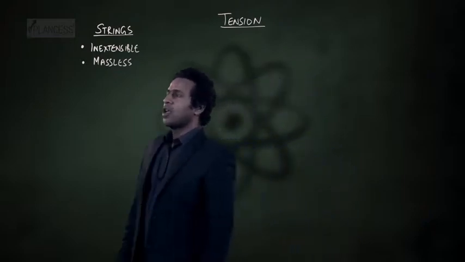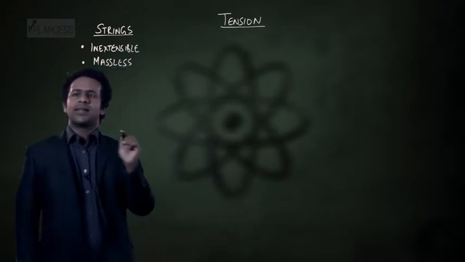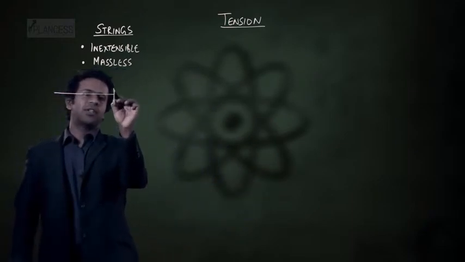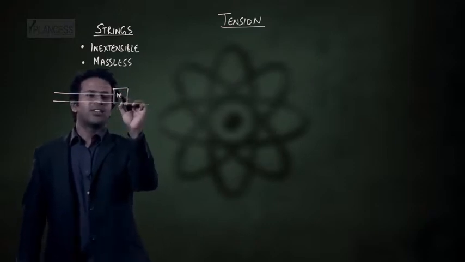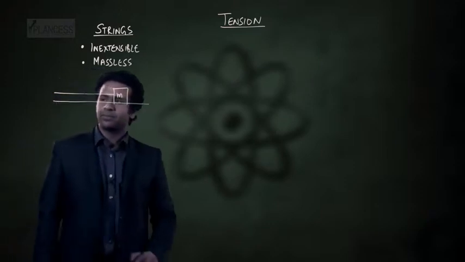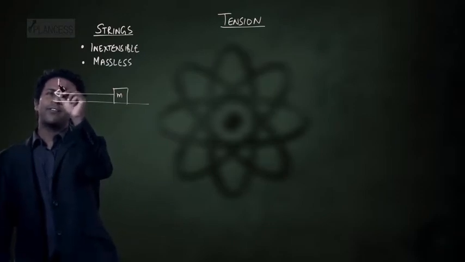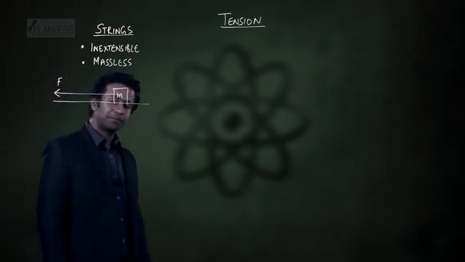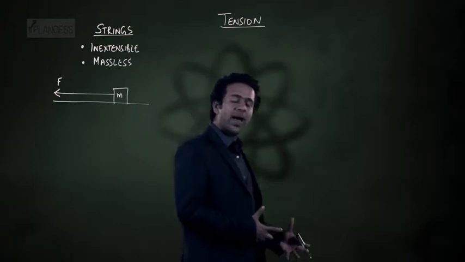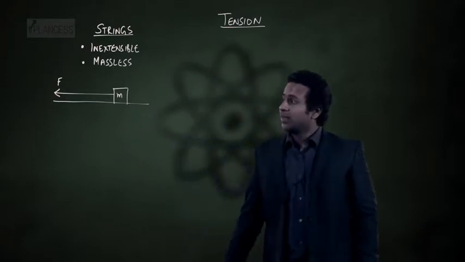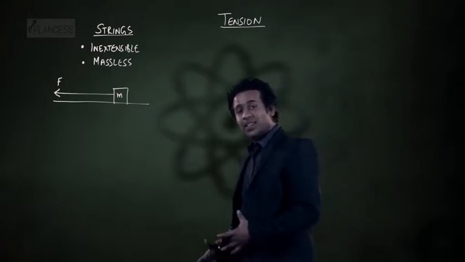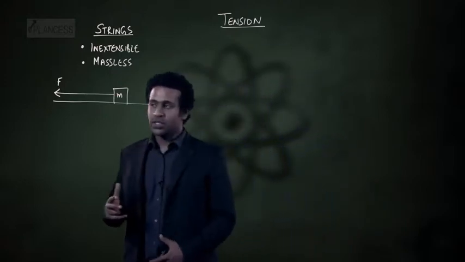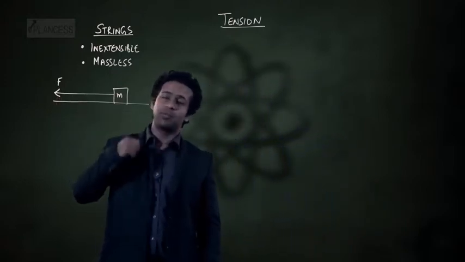Right. So now, say you have a string using which you are pulling a block. Let's say this block has a mass m. If a force F is applied, then what would happen? You know that the block will start to move. But in this case, the point of application of force is far away from this block.